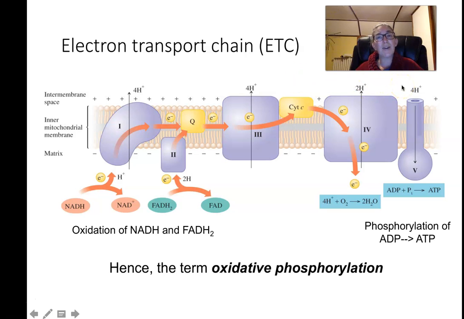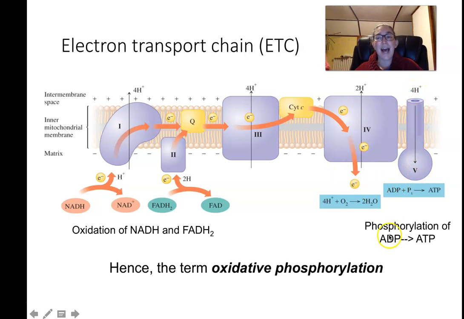The only place they can diffuse down their concentration gradient is in this last complex here, complex 5, which allows protons in. And it actually has a sort of rotor in it that spins. And that natural flow of hydrogens down their concentration gradient actually powers this rotor, all right?